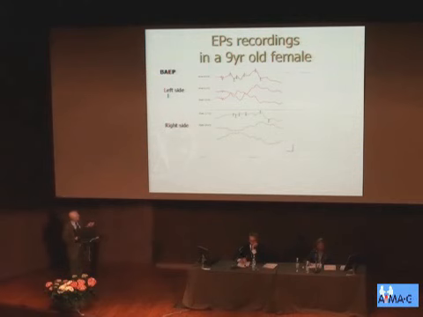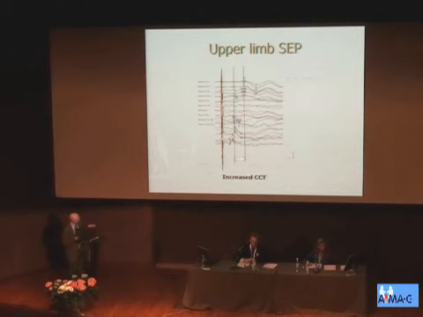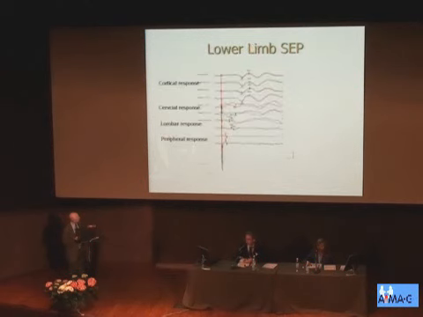This is a picture from the literature, and this is one case report. This is a Chiari 2 child patient. He was referred to us with not much accompanying information. In this child, we found a severe hypoacusia.